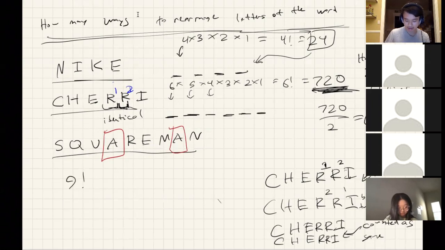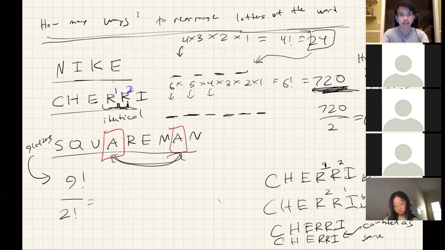We start with 9 factorial, since that's the total number of letters, 9 letters, so there's 9! ways to arrange them in some order. But since the A's are indistinguishable, we have to divide by 2 factorial, just 2, to account for this overcount by a factor of 2, right?